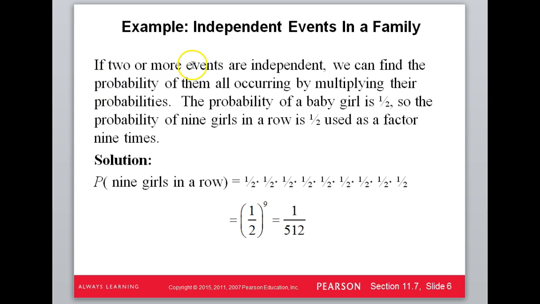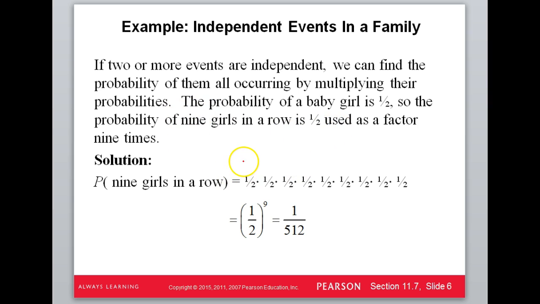Alright, if two or more events are independent, we can find the probability of them all occurring by multiplying their probabilities together. Sometimes it's not just two things. Sometimes we'll have 10 things. In this case, we have 9 things. The probability of having a girl is a half. What's the probability of having 9 girls in a row?